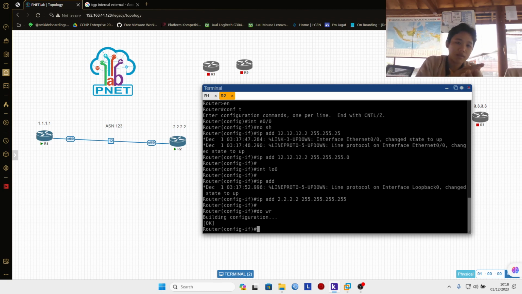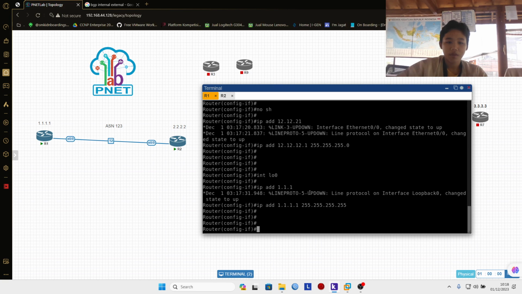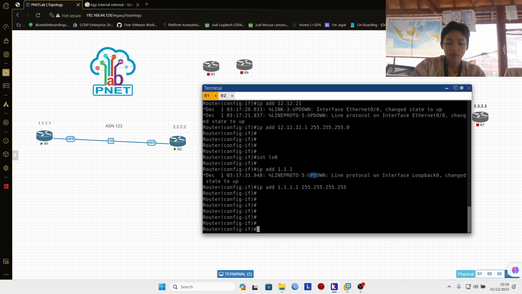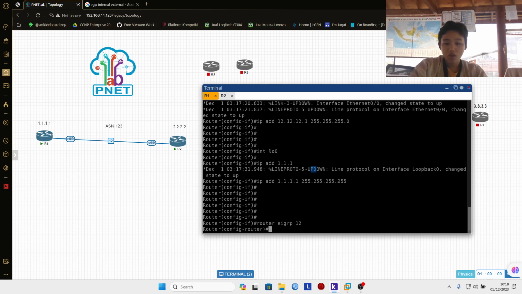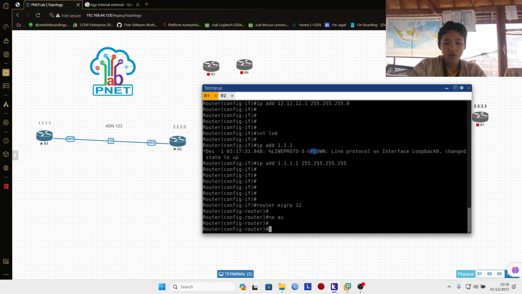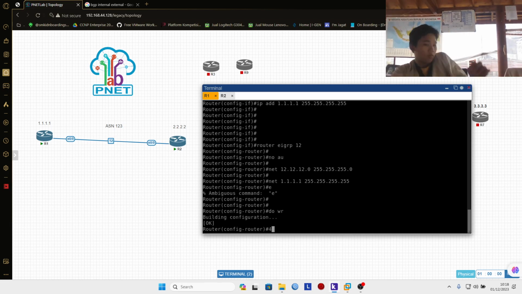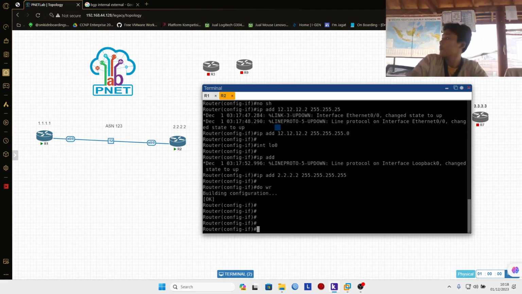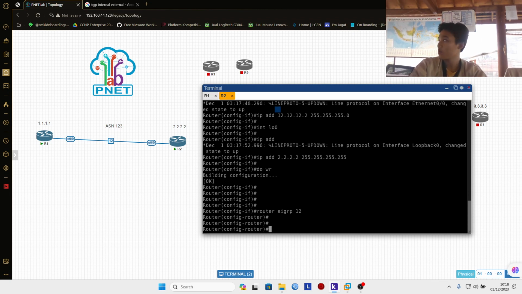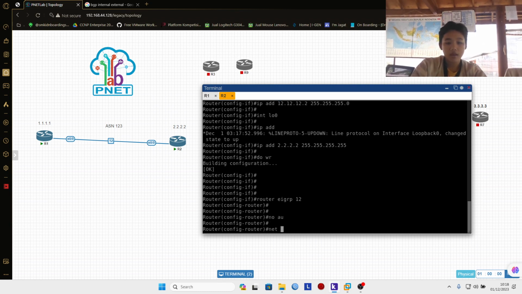We should combine them with one of many routing protocols, and from now on I will use EIGRP. Router EIGRP 12, no auto-summary, network 12.12.12.0 0.0.0.255. Done. Do the same on the other router: router EIGRP 12, it must be the same autonomous system, no auto-summary, network 12.12.12.0.